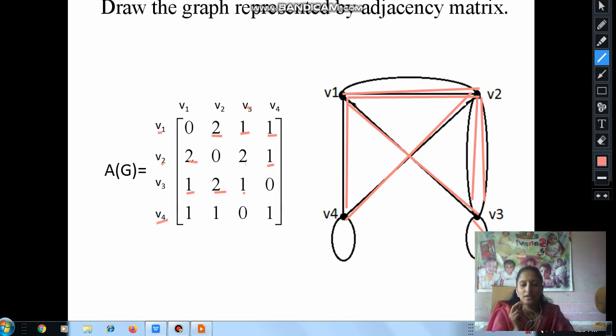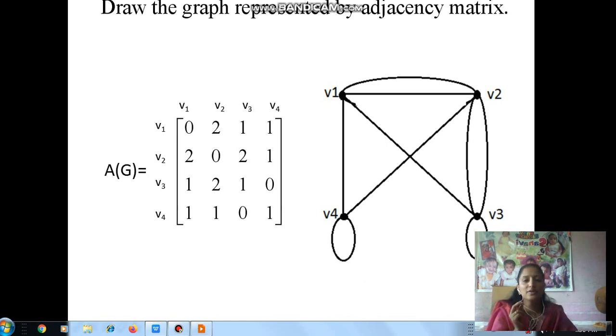Now there is an edge between V4 and V1. Yes, we already drew this edge, V4 to V1. There is an edge between V4 and V2. There is no edge between V4 and V3. And V4 to V4 is an edge, that is a self loop. The start and end point is the same. So this is our graph.